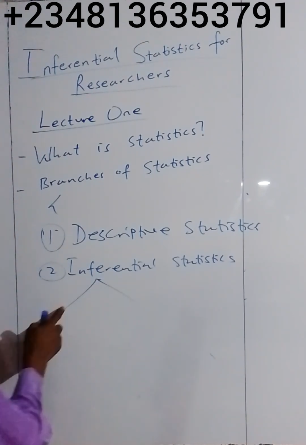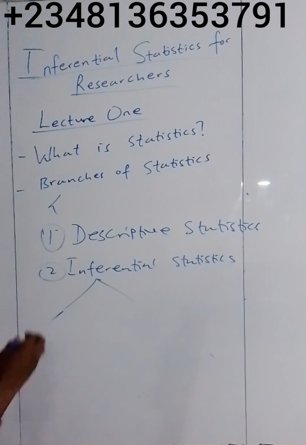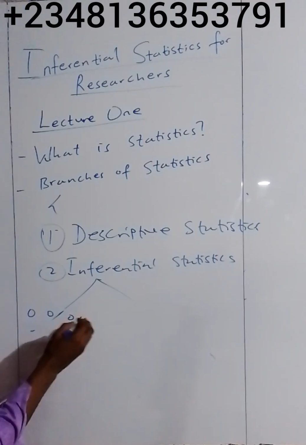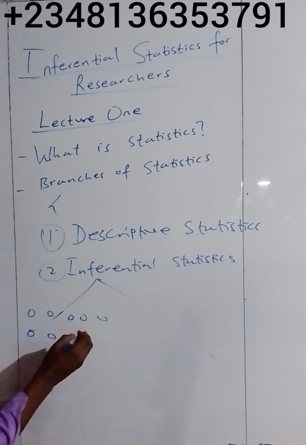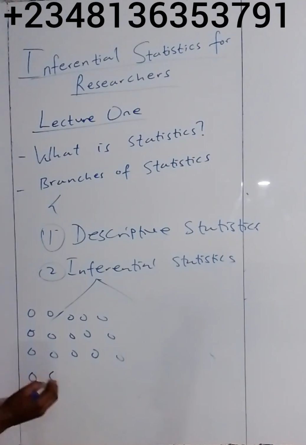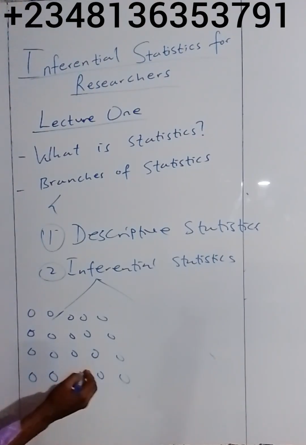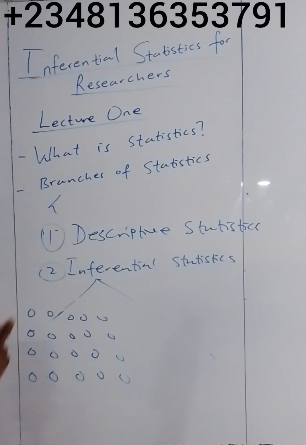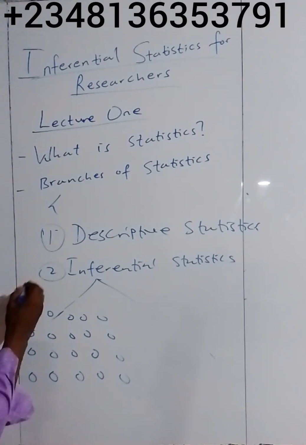For example, let's say we have 20 students in a class. Each of these represents a student in a class.